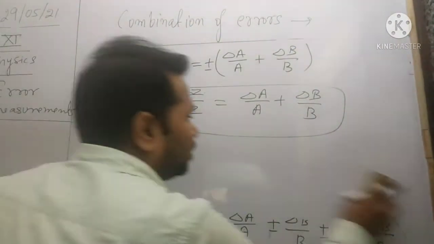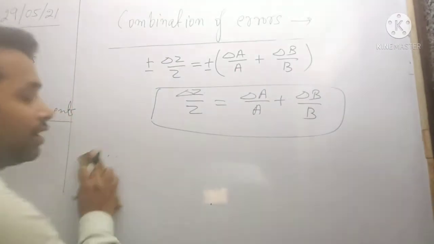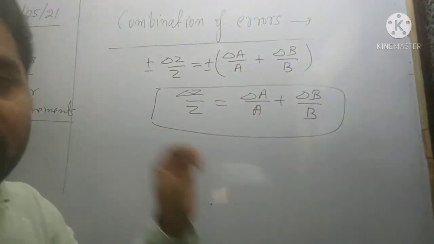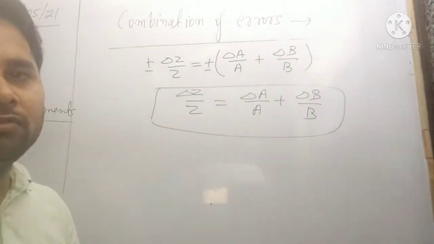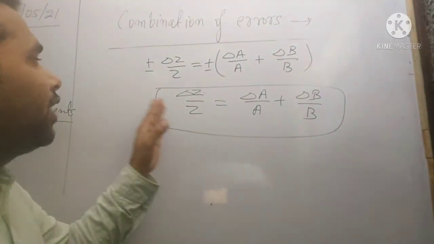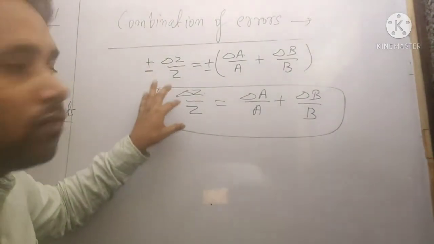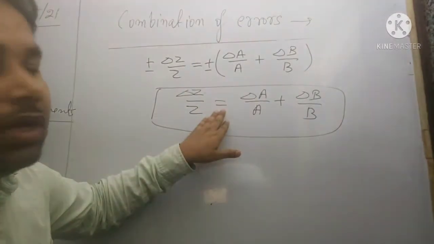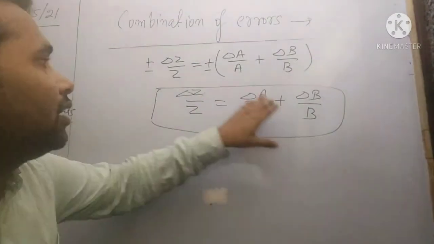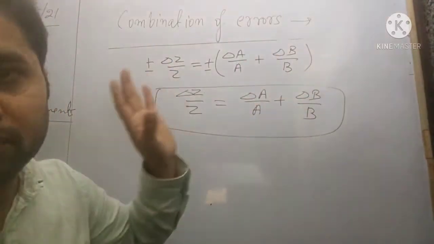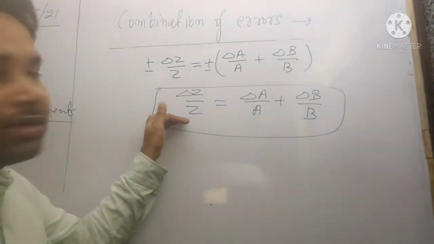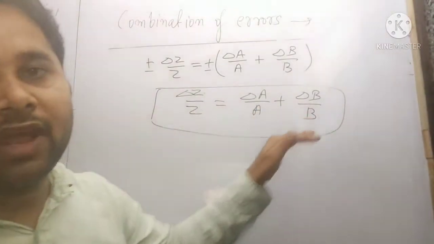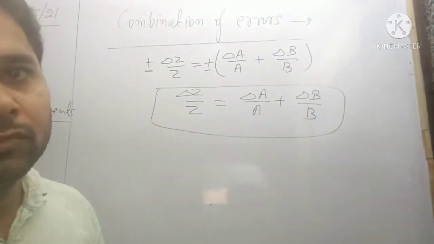Repeating, you can write the result as कि the fractional error. सुन लेना, fractional error and relative error both are equal. तो fractional error in the product of two quantities, this is the left side, is equal to the sum of fractional error in the first quantity and the second quantity. That's it. प्रोडक्ट के फ्रैक्शनल एरर के इक्वल किसके इक्वल होगा? दोनों क्वांटिटीज के फ्रैक्शनल एरर के सम के इक्वल. तो this is the result.